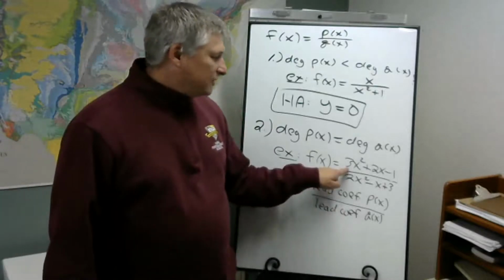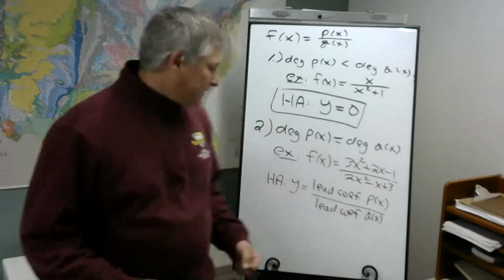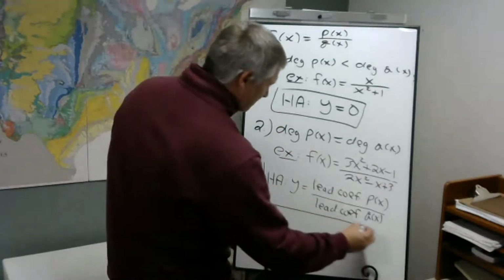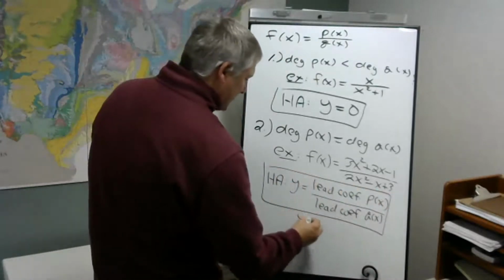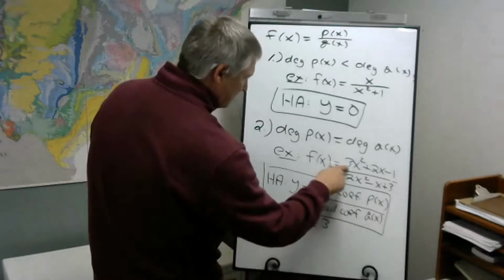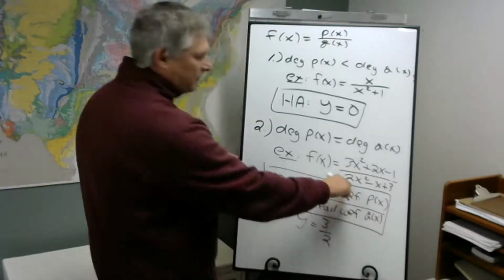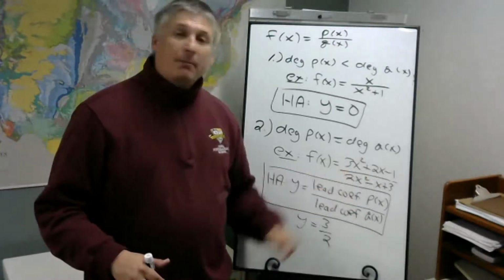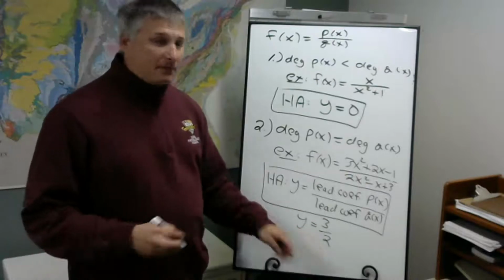Then the coefficient of that lead term, that's the lead coefficient. So for this example, our horizontal asymptote would be 3 over 2, because this is the lead coefficient of the lead term for that polynomial. So you have a horizontal asymptote of 3/2.